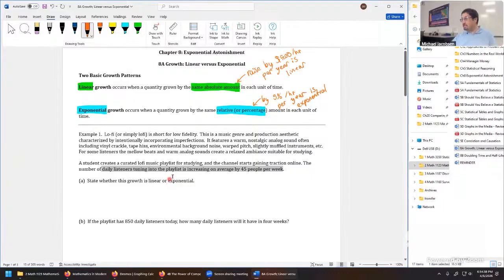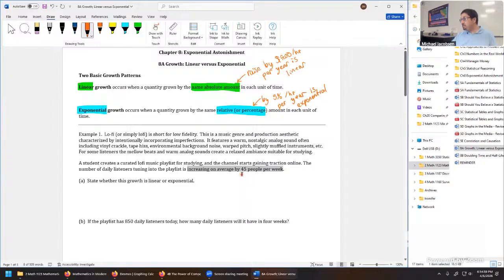It turns out this one is not an exponential growth. And the reason for it is when it says it's increasing on average by 45 per week, we mean it's going to be the same 45 every single week, week after week after week. And so this one is the one that turns out to be linear growth this time.